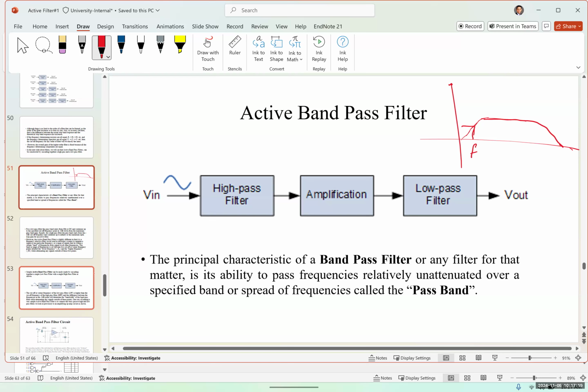This is called FL or F1. This is called FH or F2. Anything in the middle is called the pass band. And anything lower than the lower cutoff frequency and higher than the upper cutoff frequency is called the stop band.